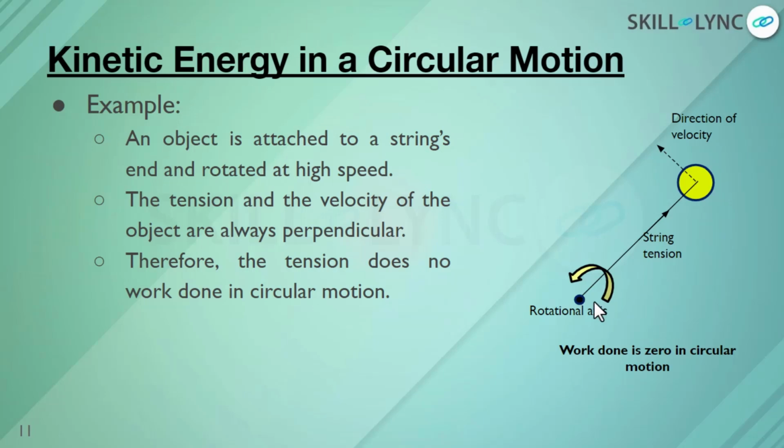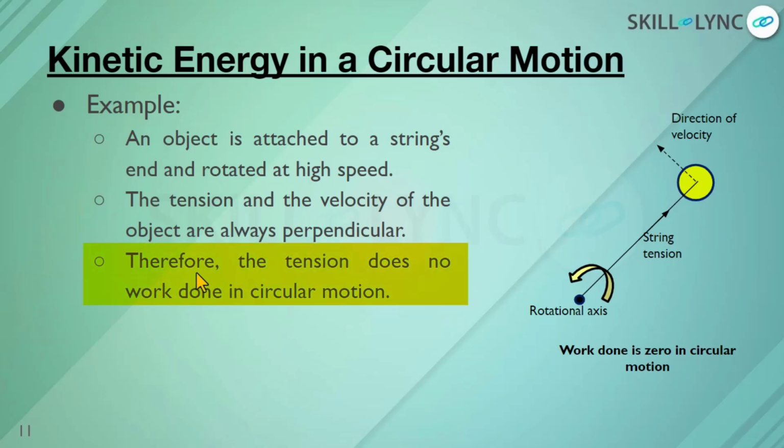Since the object is moving in rotational or circular motion, this string would act as the radius of the circle, and the object's velocity would always be tangential to the circle. Thereby, this is the direction of the velocity of the ball, and this is the radius of the circular motion in which the ball is traveling.